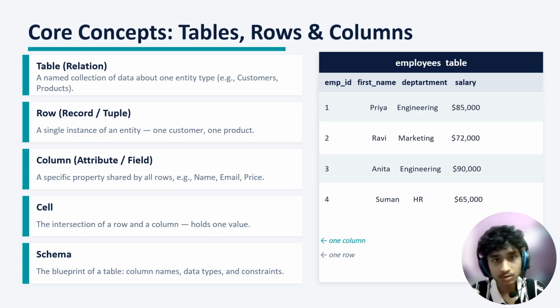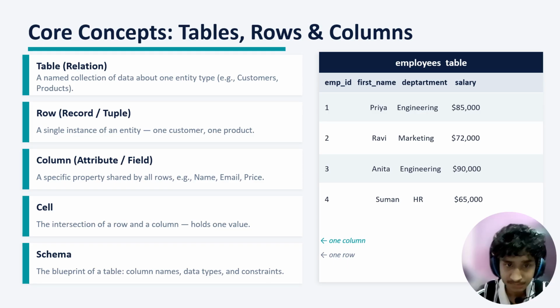And columns are also called fields or attributes representing the properties of that entity. For example, as you can see in this table at the right called employee table, it has columns like employee ID, first name, department, salary, and every row in the table would represent one real employee.